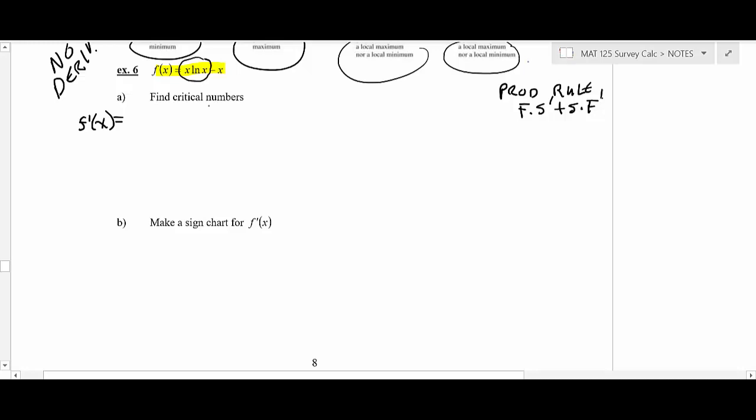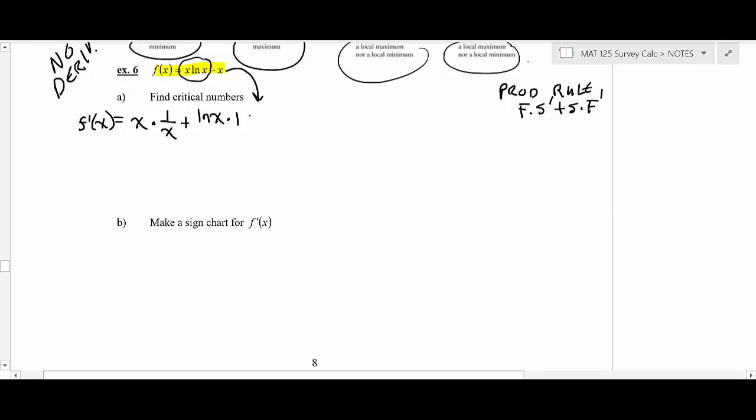Okay, so let's carefully do that. The first is x. The derivative of ln x is what? Okay, 1 over x. Plus, now you're going to do it backwards. The second, ln x, times the derivative of the first; the derivative of x is 1. So that right there is your product rule: first times derivative of second, plus second times derivative of first.